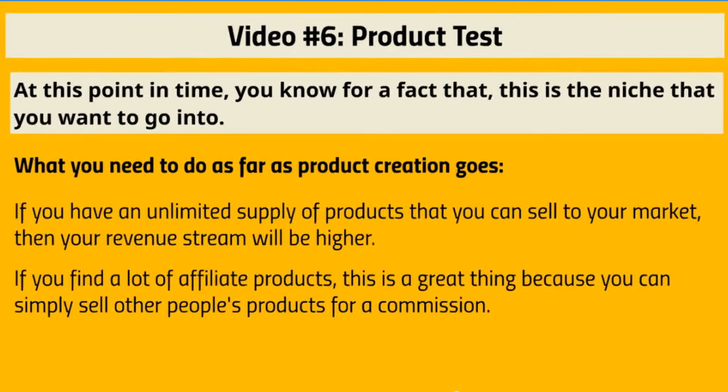Now, if you find a private label rights product in your niche, let's say, for example, lowering cholesterol, and you compile an ebook or a report that somebody can buy, or you can turn that report into a video course that somebody can buy, either way, product creation or private label rights, you get 100% of the actual revenue.